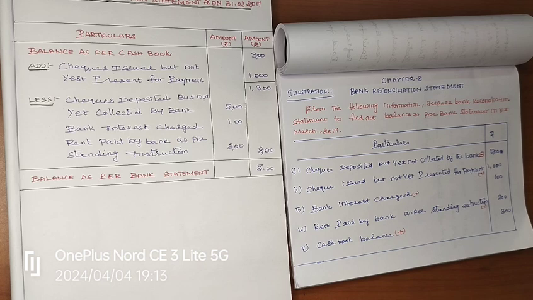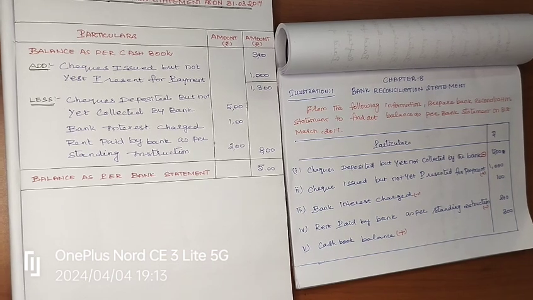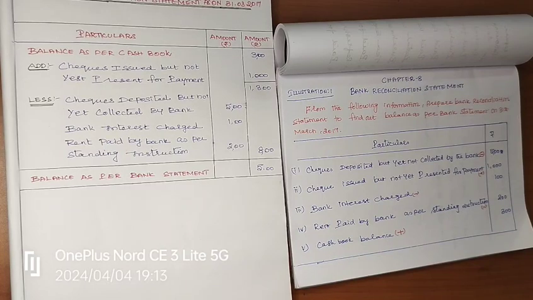But for the passbook, the check is not yet presented for payment. When the supplier presents the check into the bank, the check will take some days for clearance, and only then your passbook will be decreased. Listen carefully. The issued check is not yet presented for payment in the bank, so the bank balance remains the same.